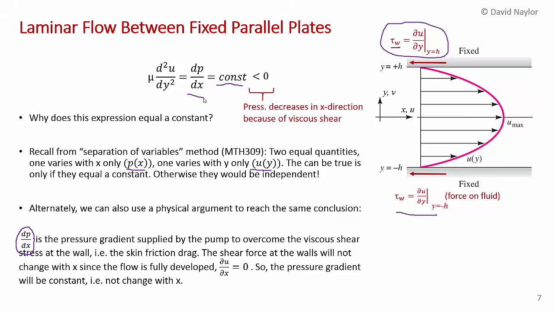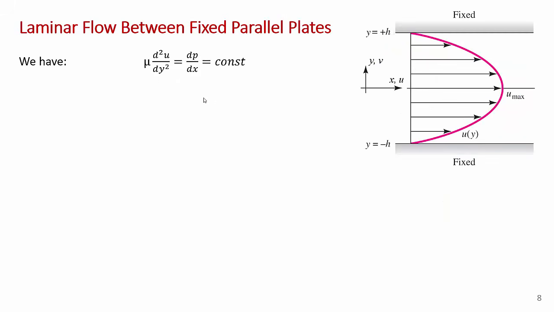I should point out that this constant is a negative value because pressure is going to be decreasing in the x direction because of the viscous shear. So we expect dp/dx, while it will be negative, to drive the flow in the positive x direction. So we have mu d²u/dy² equals dp/dx equals this negative constant.